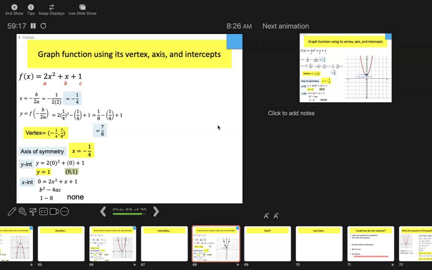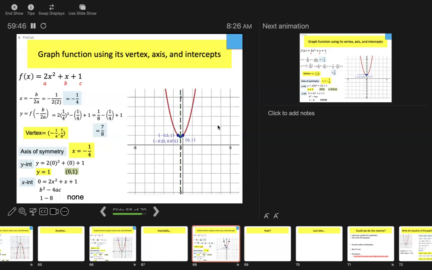The y-intercept is 1 though, so it still could be below and have answers. That's not the x-intercept, that's the y-intercept. But we have the vertex. Oh, I see what you're saying. If the y value of the vertex is positive, meaning it's above, and it's concave up, yeah, I agree. You could have figured that one out.